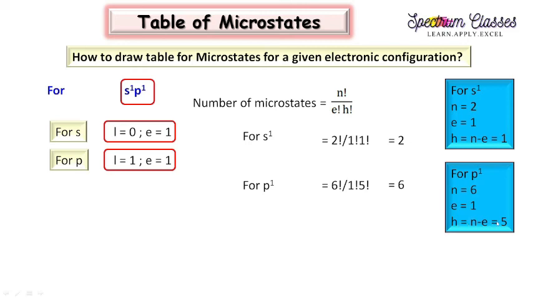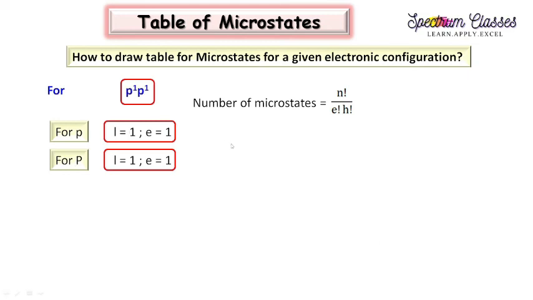The number of holes is 5, 6 minus 1. And here we are having 6 microstates. On multiplying these two, we are getting the total number of microstates present for this given electronic configuration. 6 into 2 gives us 12. So this electronic configuration gives us 12 microstates.